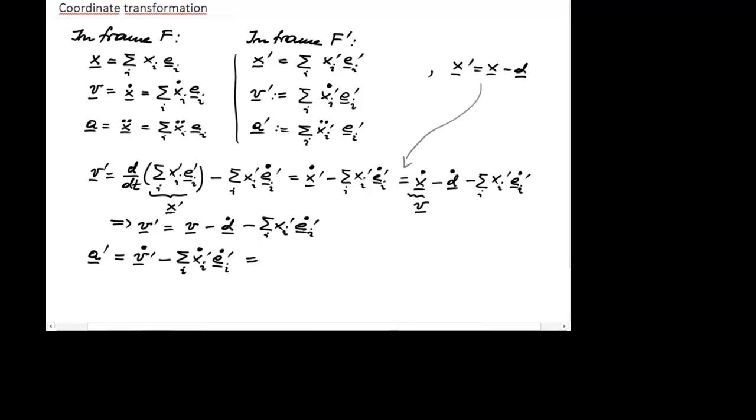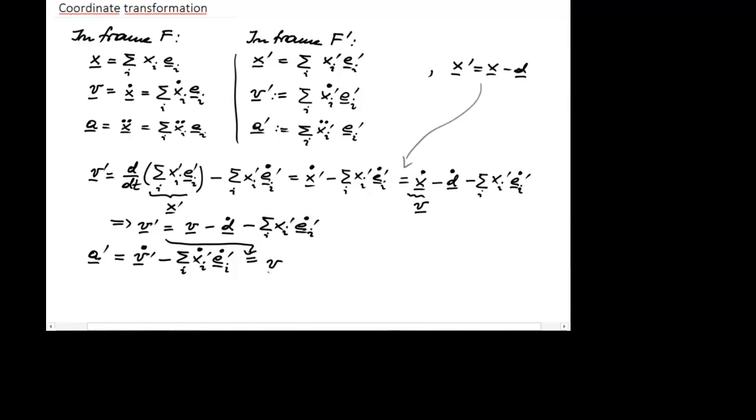We can now insert the previous result in here. We know v prime dot. For v prime, we use the previous result.